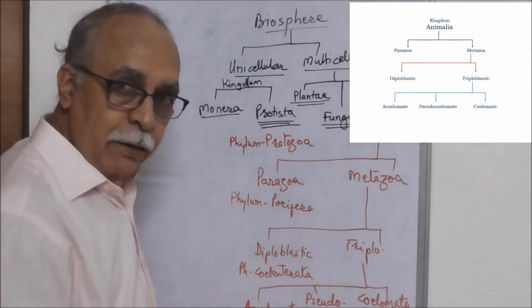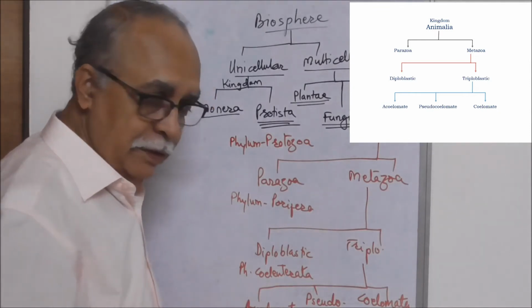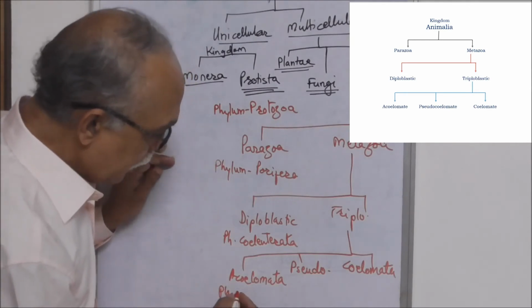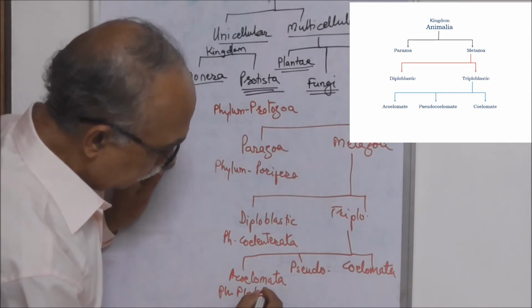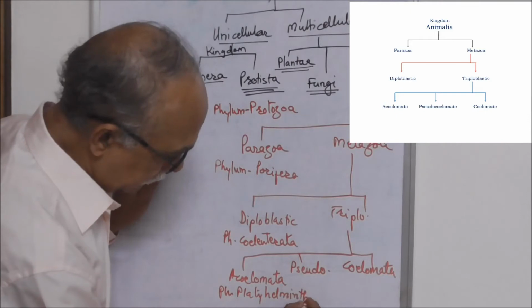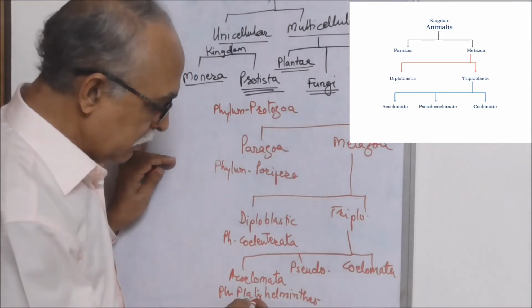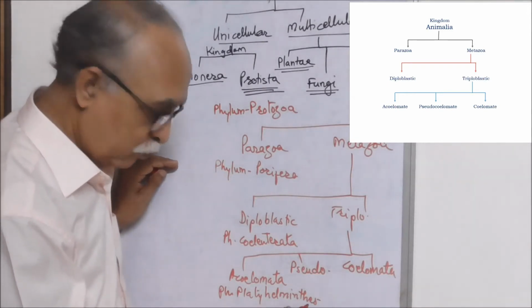That's the kind of classification we are going to follow. Now, under Acoelomata, there's again one phylum we will consider, that is Phylum Platyhelminthes. Platy means flat, helminth means worm, so Platyhelminthes.